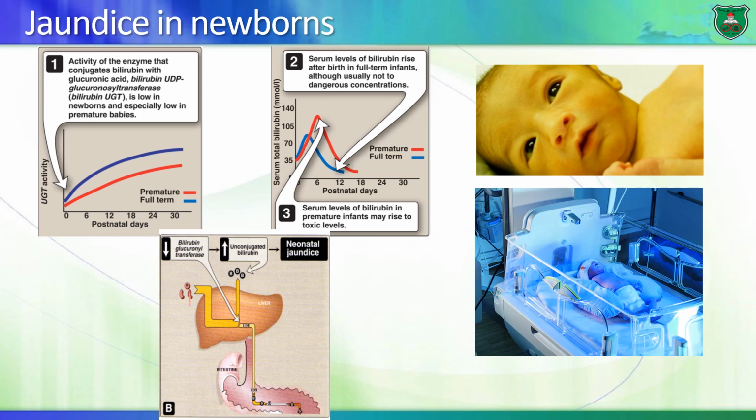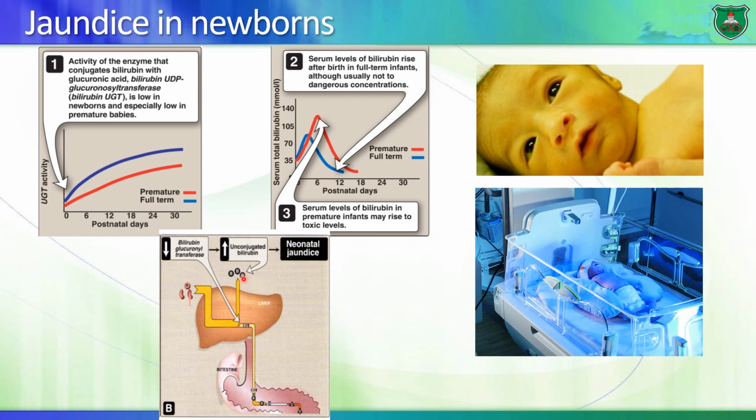Now, the problem is with premature babies. What happens here is that the activity of the enzyme is not really that high, and that results in overproduction of bilirubin that cannot be conjugated, and this bilirubin would leak out.